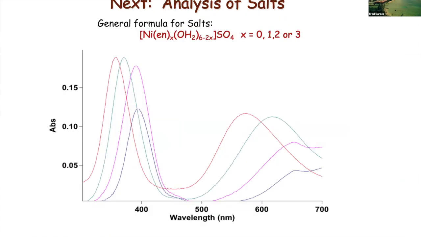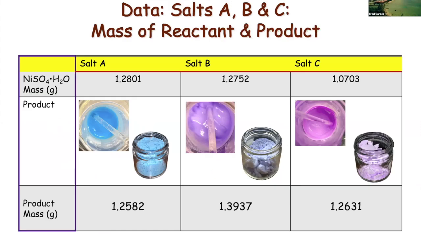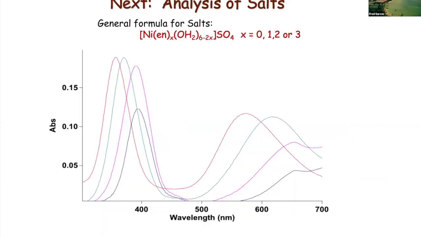The next part of this analysis is going to determine how many nickels I have per salt and how many ethylene diamine you have per salt. And this is the absorption spectrum. You guys did this with the SpectroVis Vernier probe. This is a more advanced instrument, but this is the absorbance spectrum for the different salts, okay?